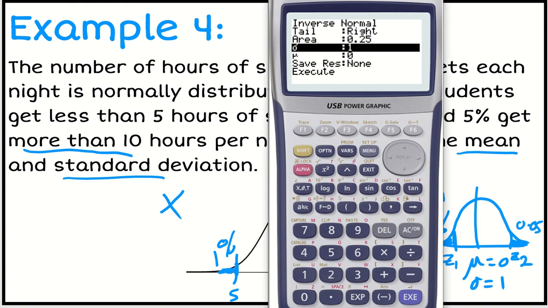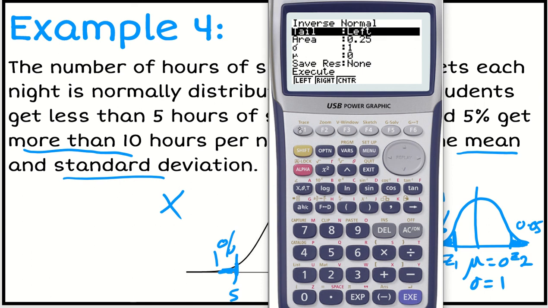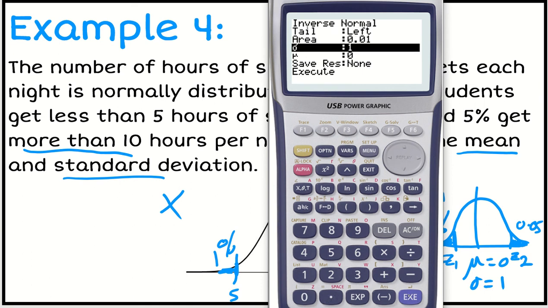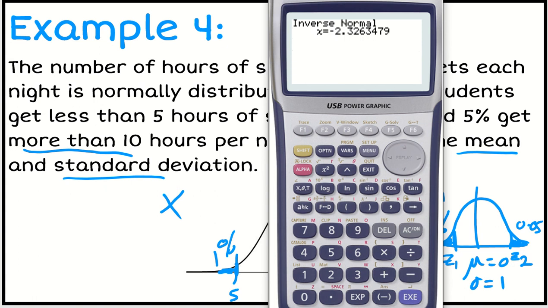So the first one, I'm going to do the tail on the left hand side. So change that to the left, and that's an area of 0.01, so only 1% are in the tail. So that's going to give me a Z value there. So that's my first value, Z1, of negative 2.3263.